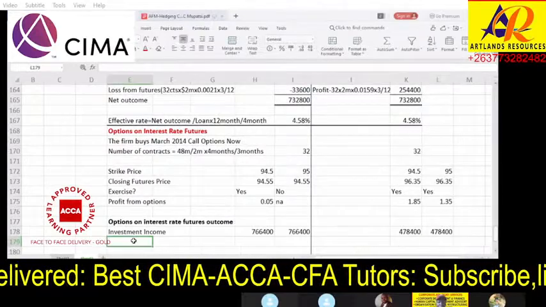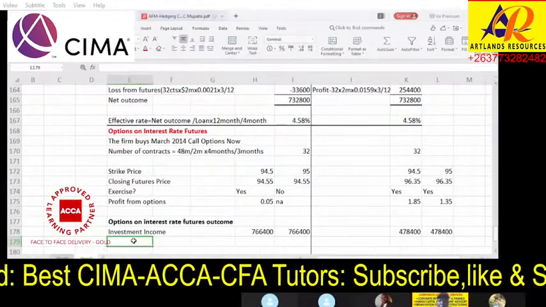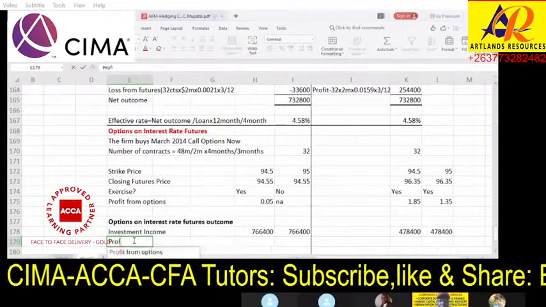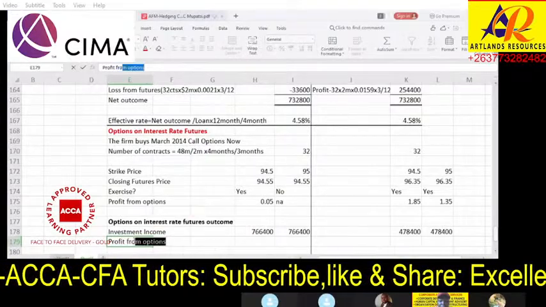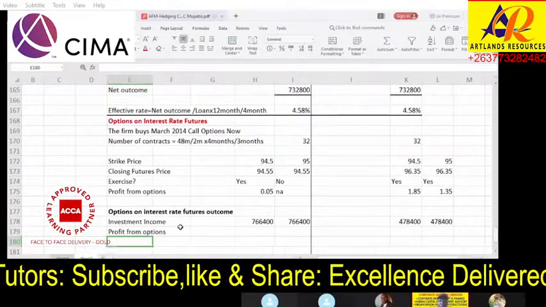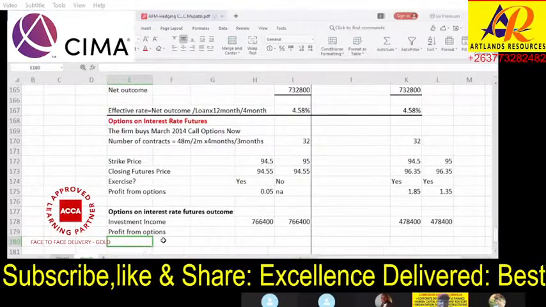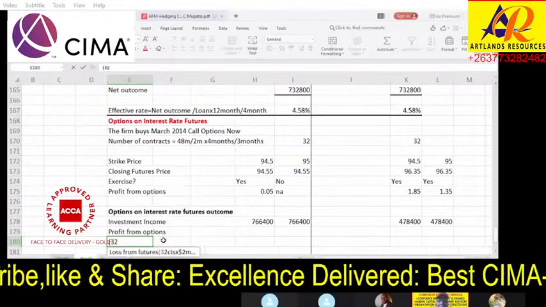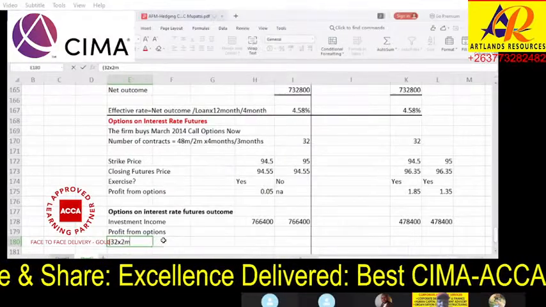I then say profit from options. Now I do it like this. When I'm working profit on this part, I say how many contracts? 32. Each contract is 2 million.